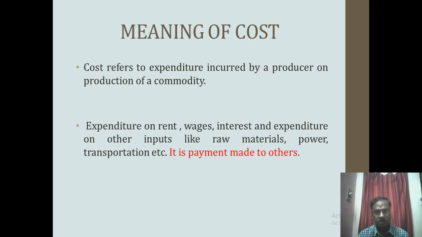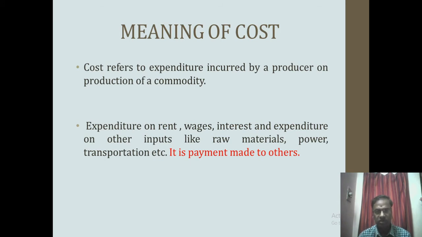See, the cost includes implicit cost and explicit cost. First, what is explicit cost? Explicit cost is the expenditure made to buy or to hire factor inputs. Say for example, a producer took a building on rent, so he has to pay rent to the owner of the building.